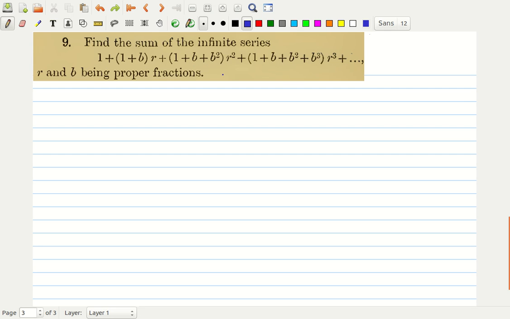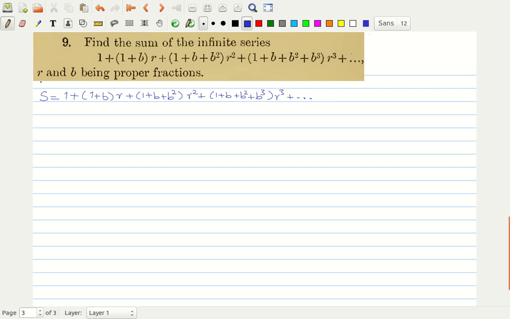Okay, so let us write S is equal to 1 plus (1 plus b) r plus (1 plus b plus b square) r square plus (1 plus b square plus b cube) r cube, and so on.